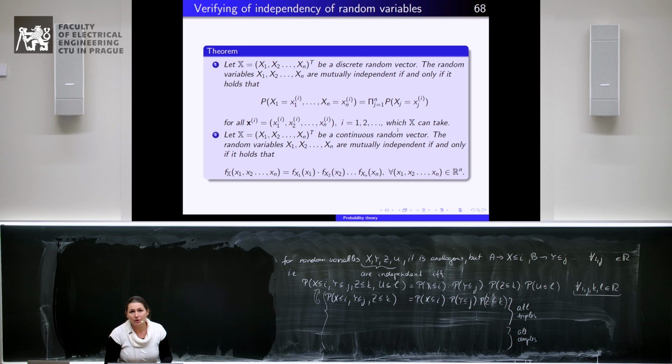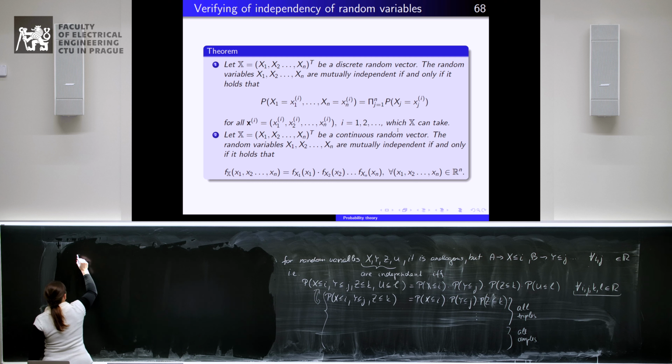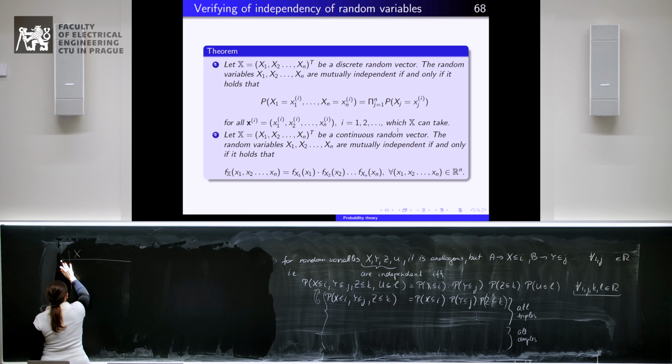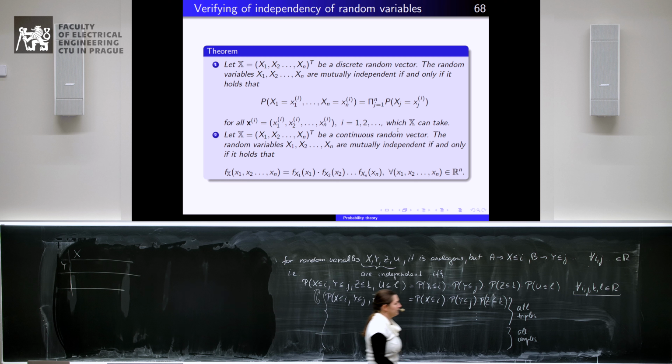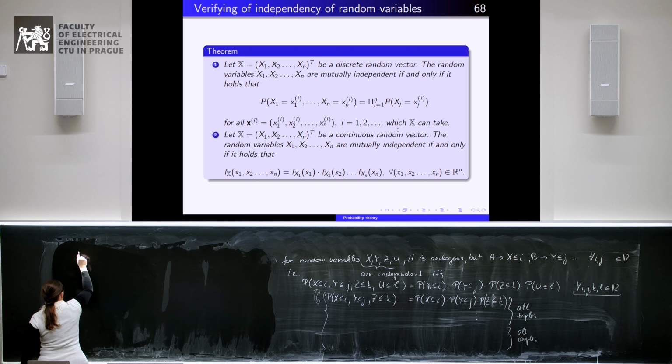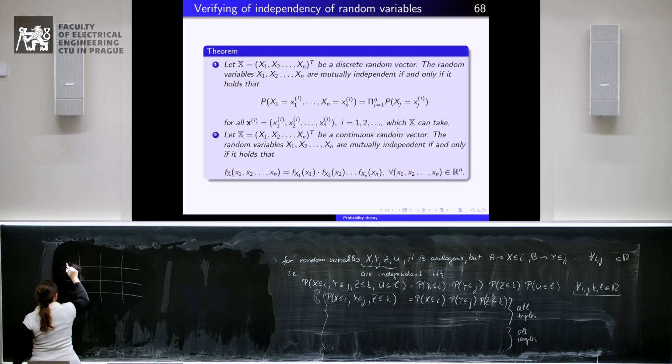Imagine the situation that we have only two random variables, x and y.